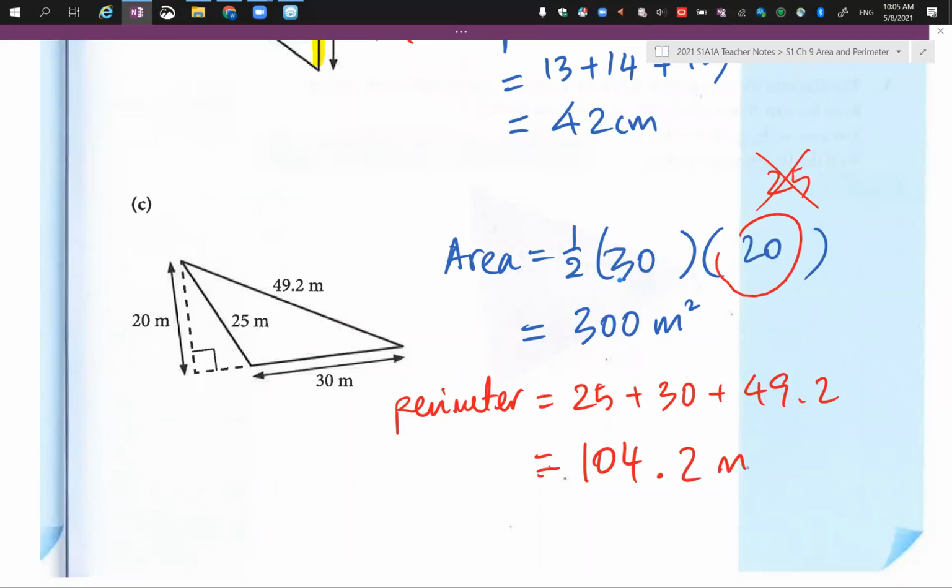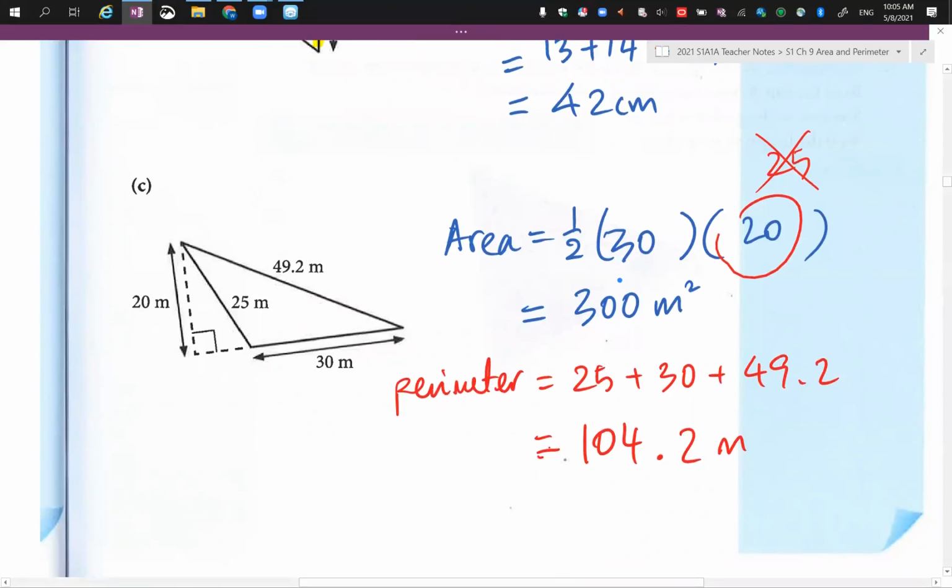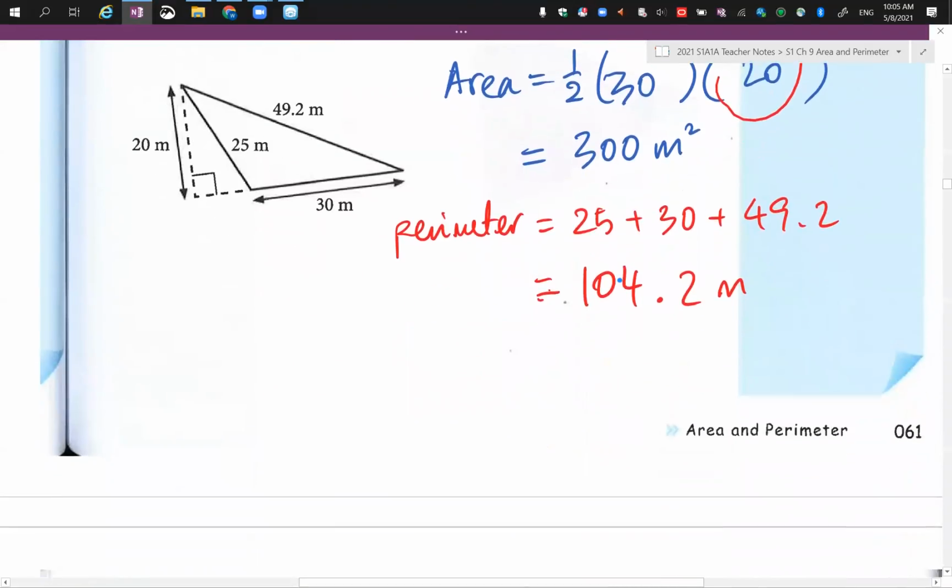Should we round off? They didn't say any round off, huh? But I thought Mr. Wong said to leave it in 3SF. Okay, this is an exact number. Don't need to round off, it's exact. It is not like those numbers with many decimal points that you need to round off. Yes, it is just adding.